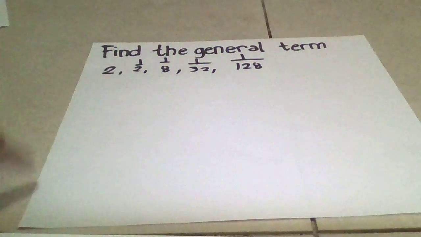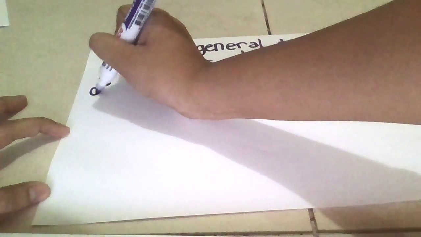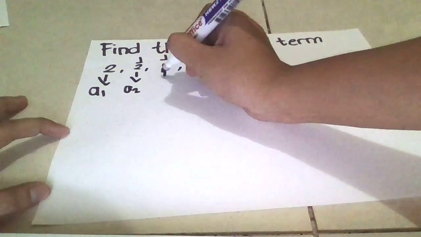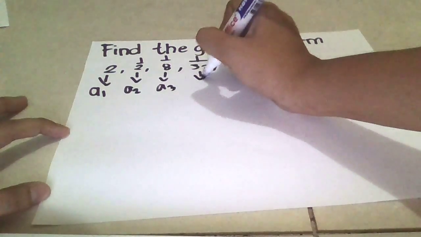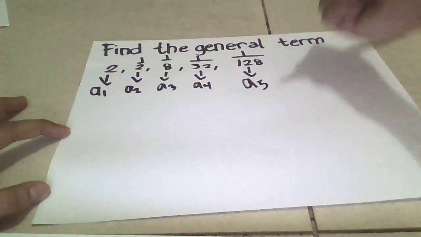Find the general term of the sequence. So your a sub 1 is 2. This is the a sub 2, a sub 3, a sub 4, a sub 5.